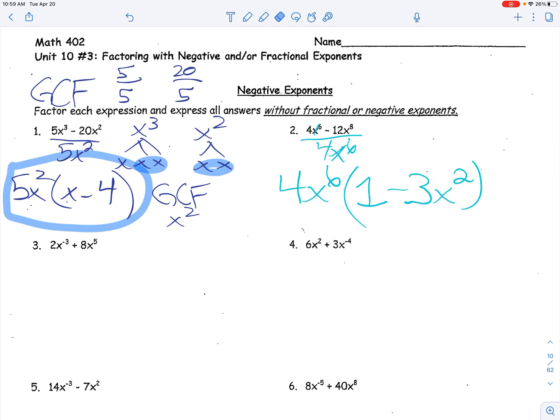Let's see here. Were you thinking about what the GCF is between x to the negative third and x to the fifth power?